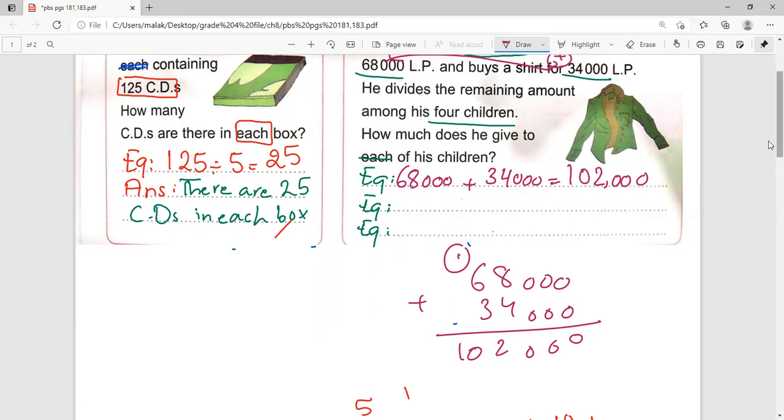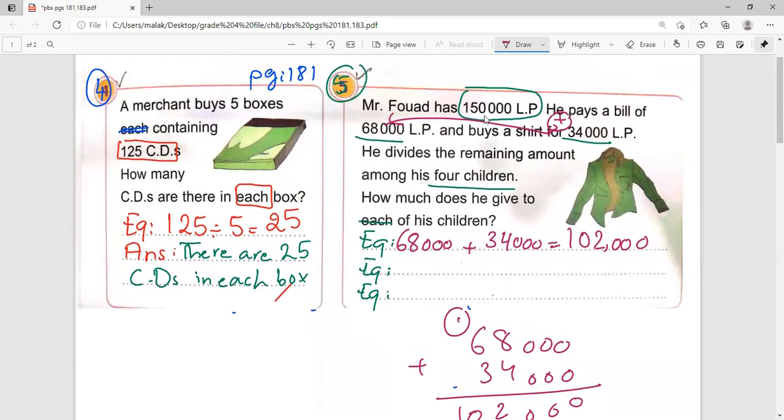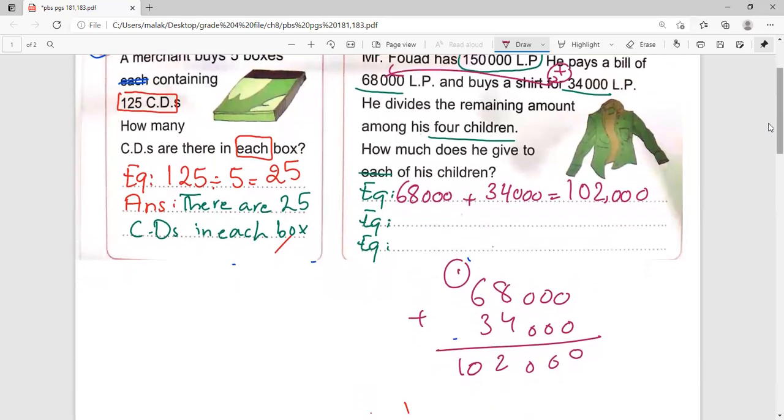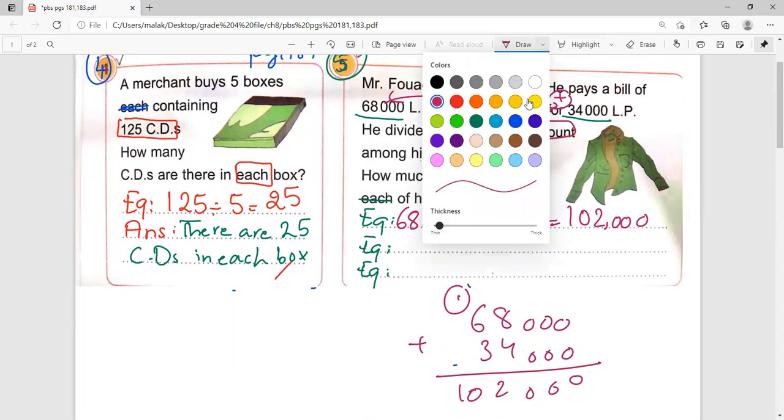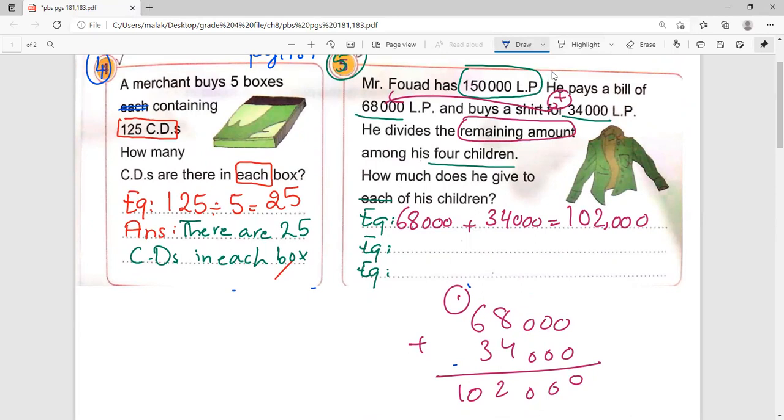So 102,000. He pays how much? 102. But he has 150. So did he still have money? Yes, 150 is more than 102. So he still has some money in Lebanese pounds. How much money does he still have? So how do we find the remaining amount? When I see the word remaining, I mean we are subtracting in order to know how much money he still has.